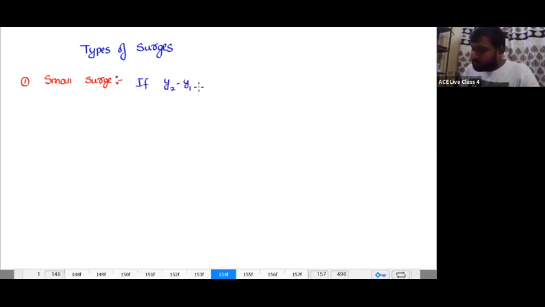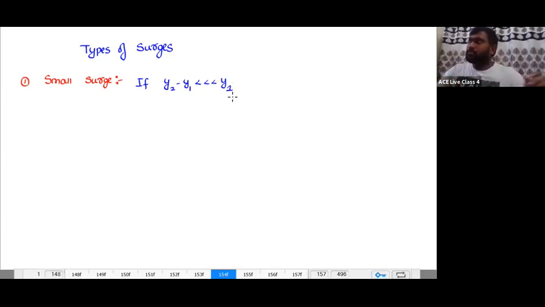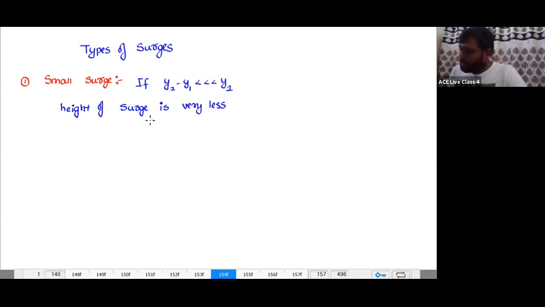If y2 minus y1 is very less compared to y1, then we call it a small surge, which means the height of the surge is very less and insignificant.